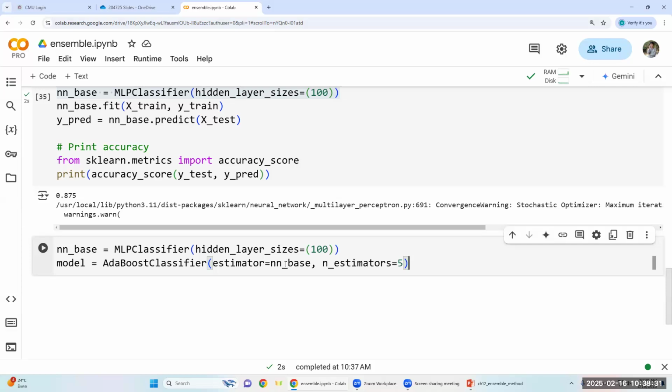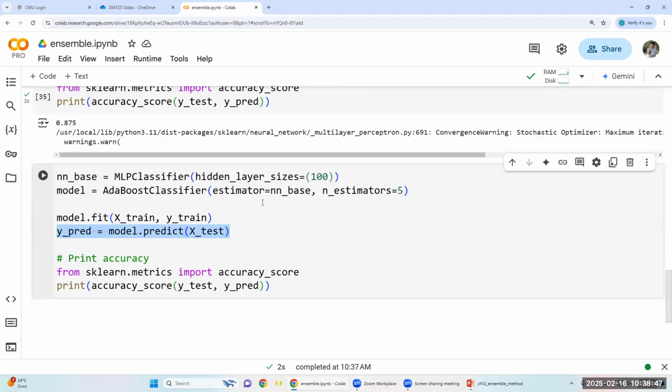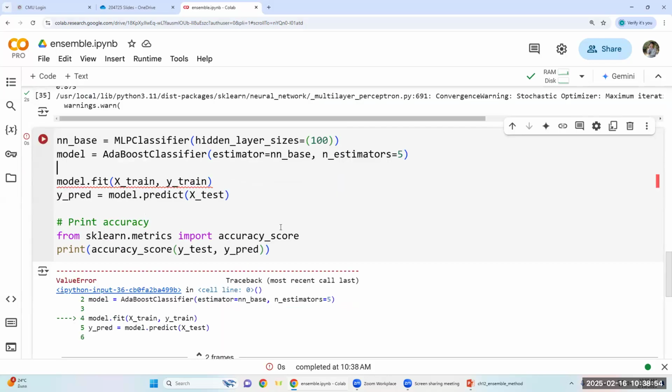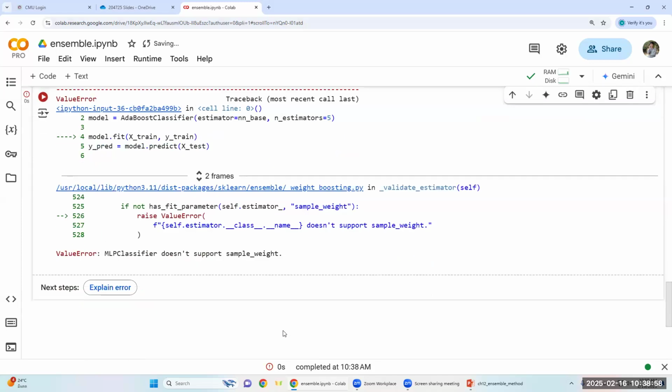The estimator would be the base, and then we have 5 as the number of estimators. And then we fit the model, right? So we have model.fit on x_train, and then we make the prediction, and then get the accuracy. So that's a support sample weight.